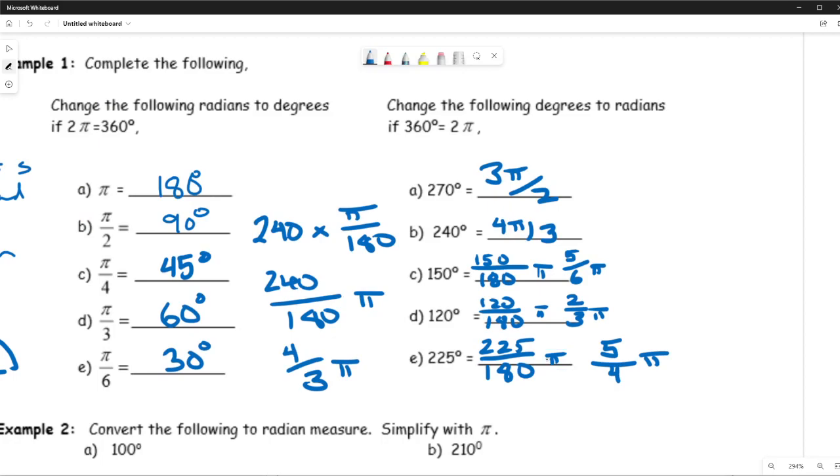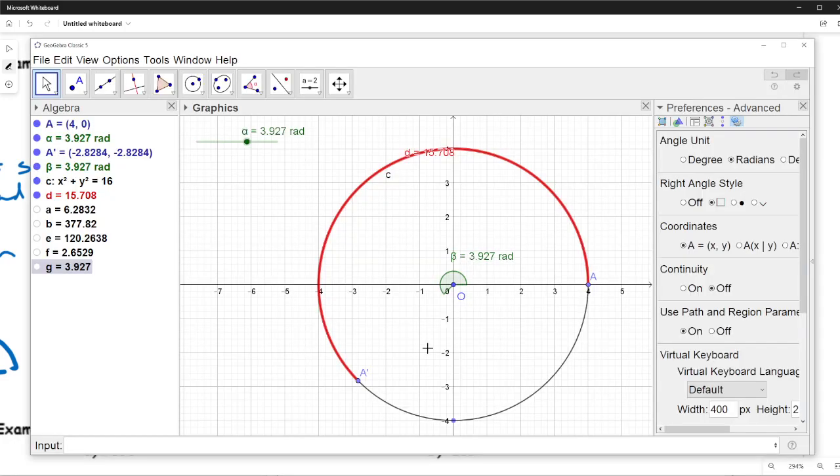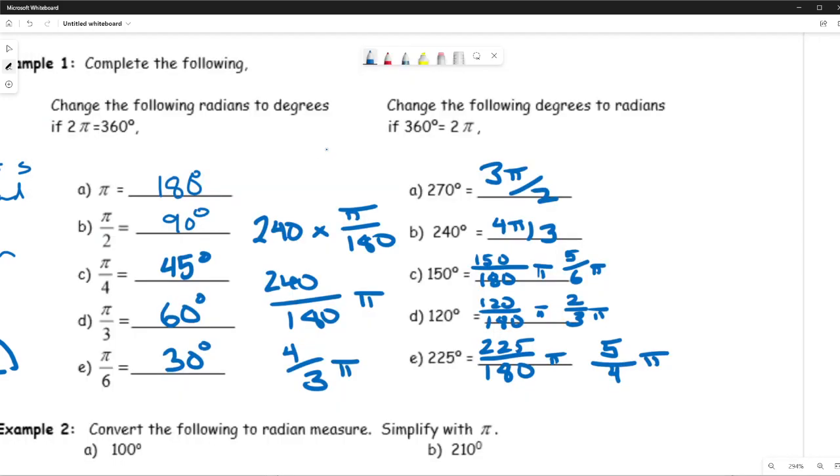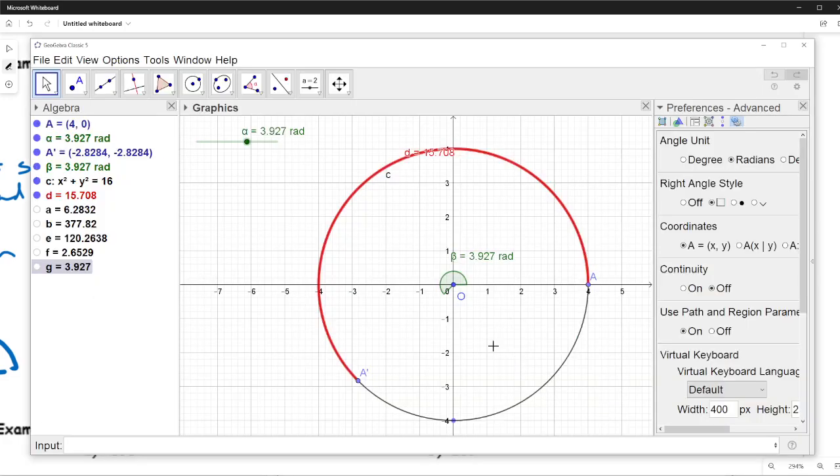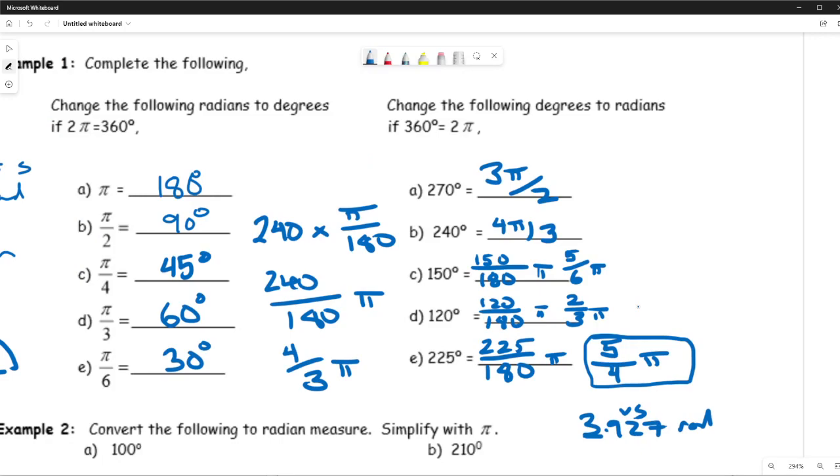And I would suggest it's easier to write 5 over 4 pi than to write 3.927 rad. It's easier to understand. They're the same thing, but this is a smarter way of doing it.